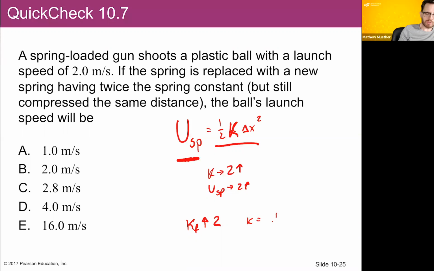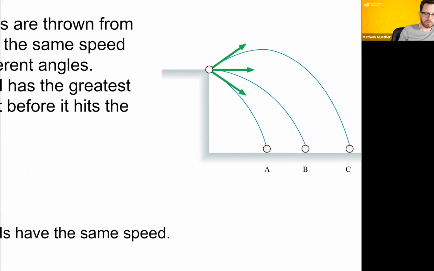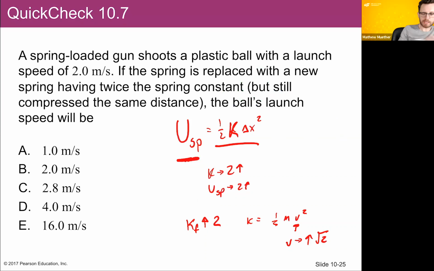Kinetic energy is equal to 1/2 mv squared. How do I end up with twice the amount of kinetic energy? Well, I have to increase the velocity, not by a factor of 2, but by a factor of square root of 2, because the velocity is squared there.